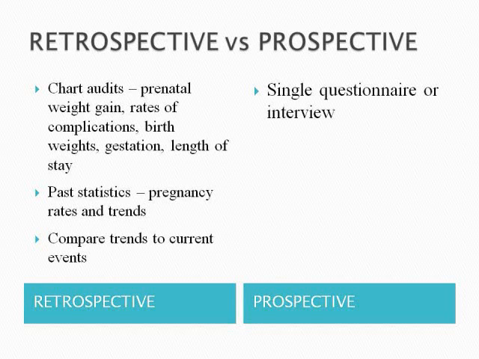And we could compare the trends to current events, such as we noticed that when this big teen pop star got pregnant, the teen pregnancy rates increased. And again, that's all looking in the past. Prospectively, we're doing a questionnaire or an interview or something. We're collecting data now that we're going to analyze.